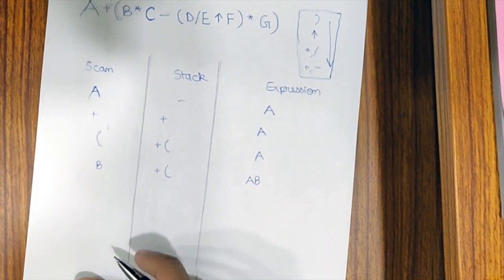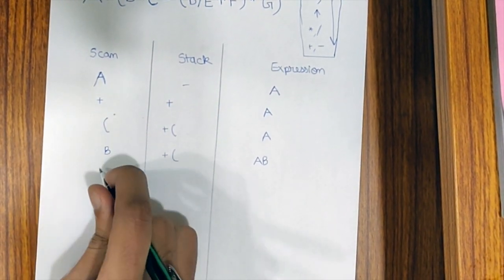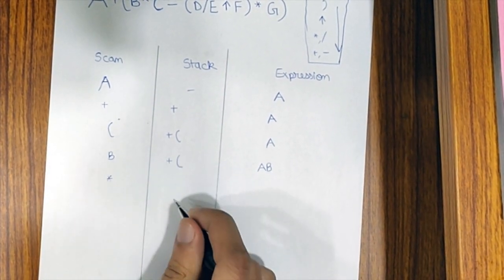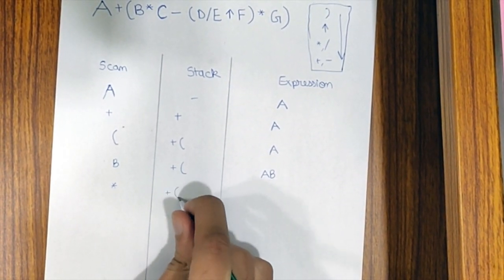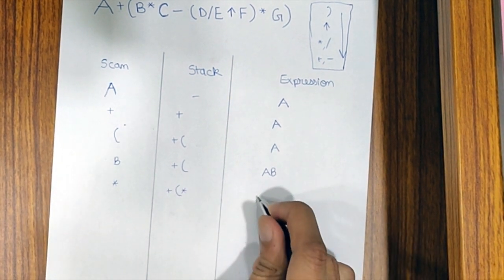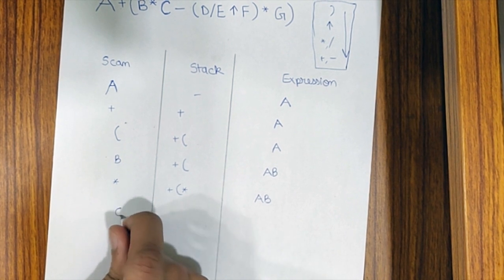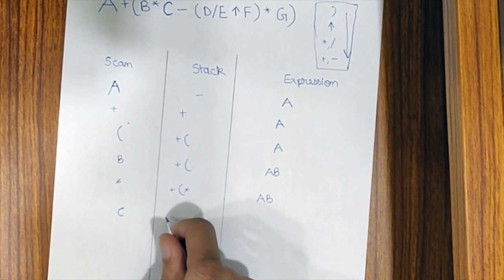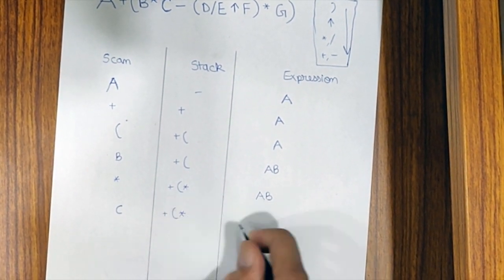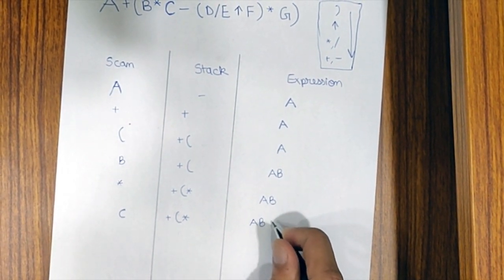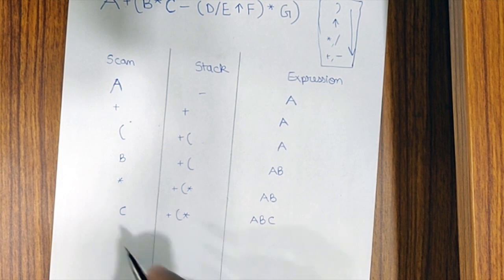Then we take the star from the expression, and this goes into the stack after the bracket. The expression remains the same. Then we have C, and C is added to the expression because again it's an operand.